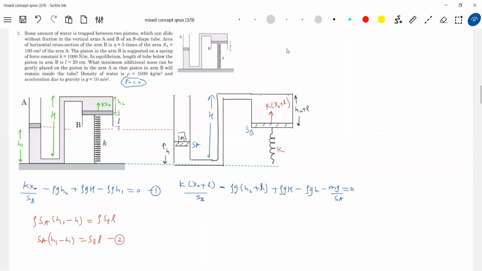So can we substitute? Put 1 in 3. Kx naught by SB minus rho GH2 plus rho GH can be replaced as rho GH1. So rho GH1 plus KL by SB minus rho GL minus rho GH minus mg by SA equal to 0.